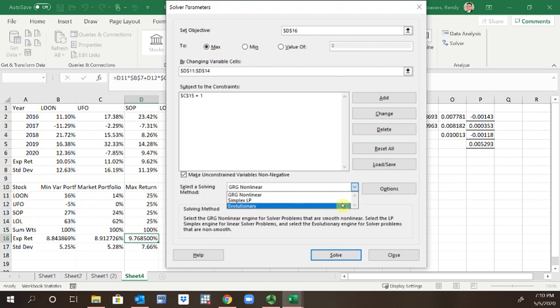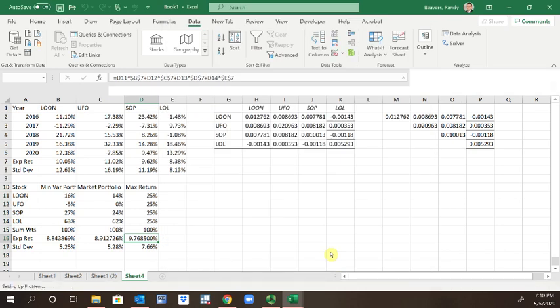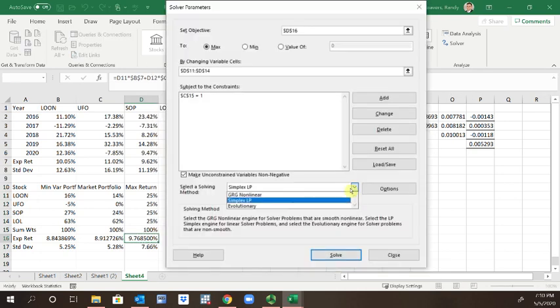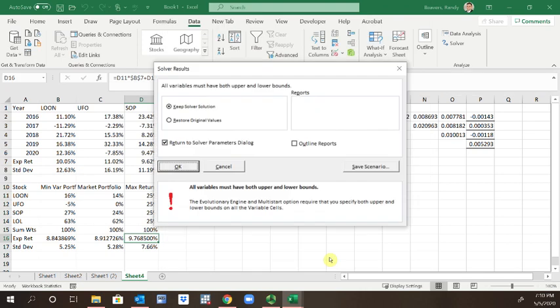All right, let's change it from GRG Nonlinear to Simplex. That may sometimes have something to do with it. Still no solution. And Evolutionary.